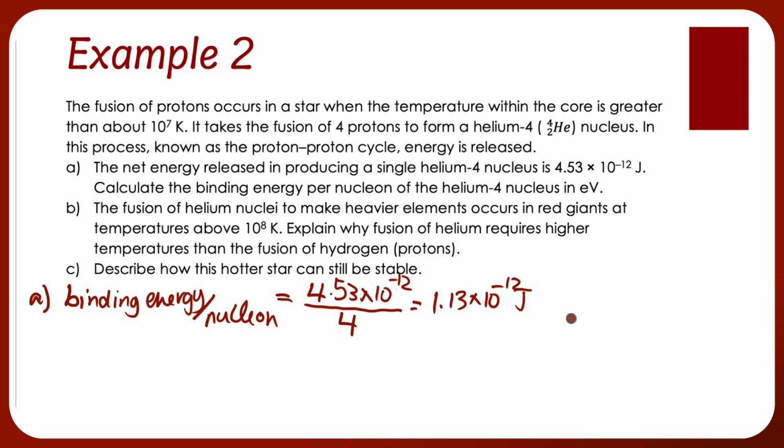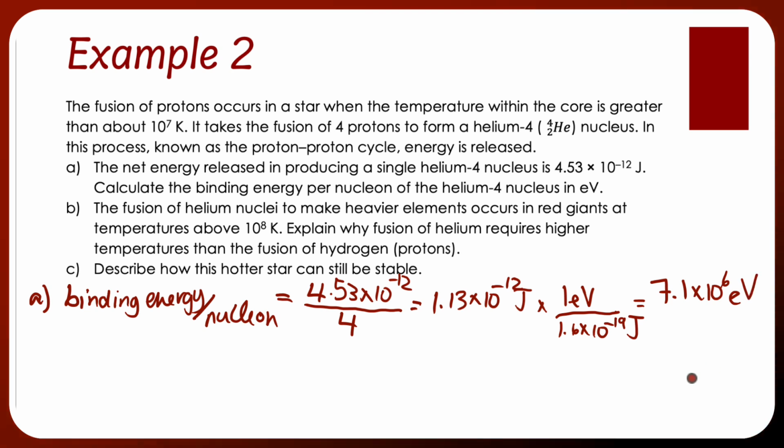But I need to turn that into electron volts. So we know that 1 electron volt is the same as 1.6 times 10 to the minus 19 joules. And that's going to give me 7.1 times 10 to the power 6 electron volts when I pick up my handy dandy calculator.